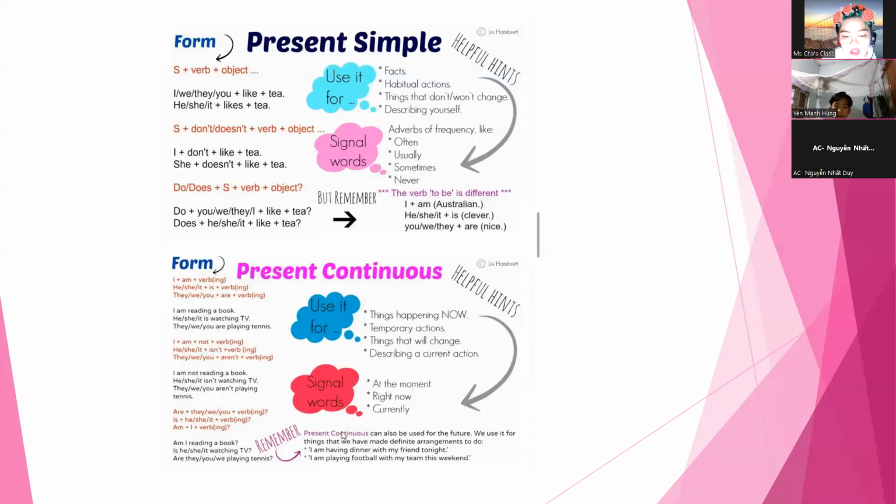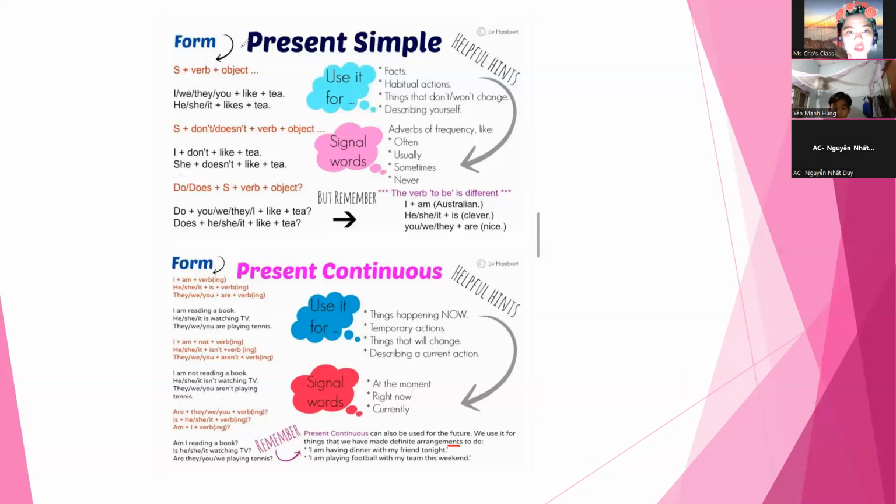Ah, so you mean you can use it for an arrangement in the near future, with the use of this one: I am having dinner with my friend tonight, depending on the use of the signal words, right? It will be a certain arrangement. Correct. That is correct.